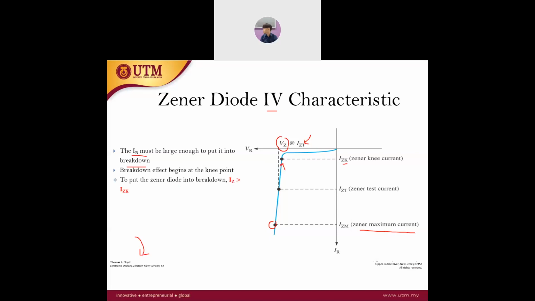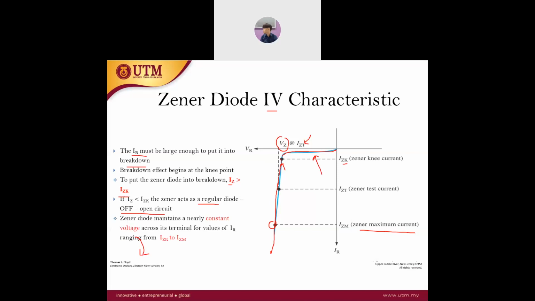To put the Zener diode into breakdown, IZ must be greater than IZK. If IZ is less than IZK, the Zener diode acts just like a regular diode that is off, which is an open circuit if it's a practical diode.